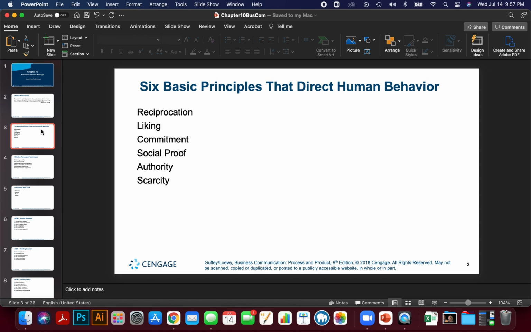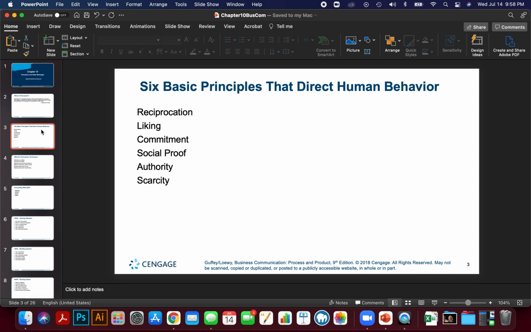And then finally, scarcity, right? Uniqueness, or the scarcity of that action directs people to do stuff. So these are 6 basic principles or 6 basic ideas that help drive people to do things.